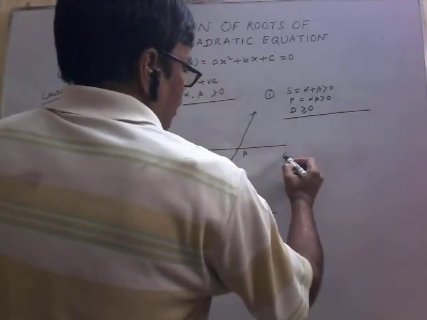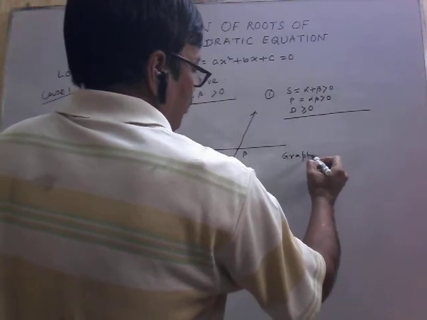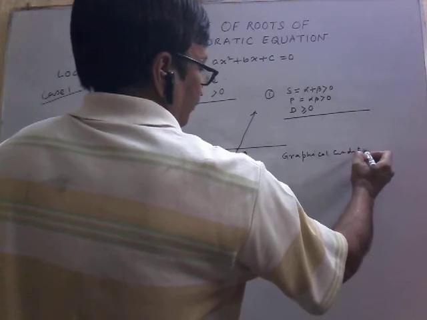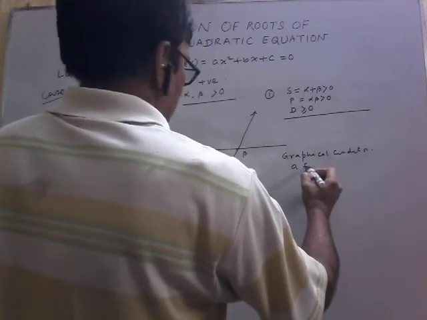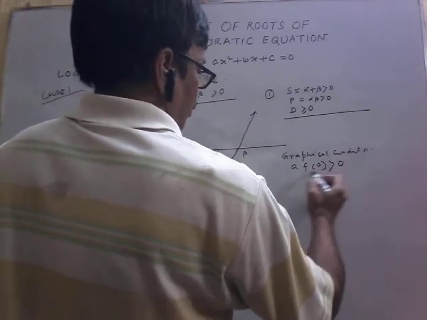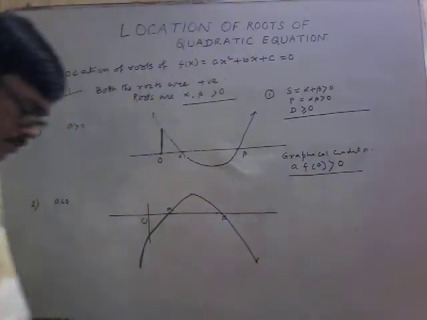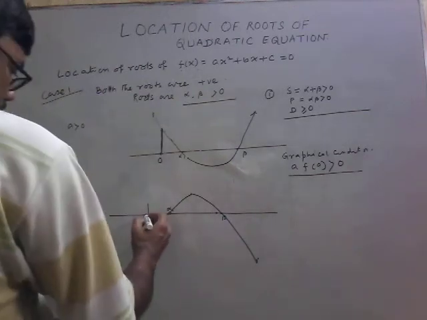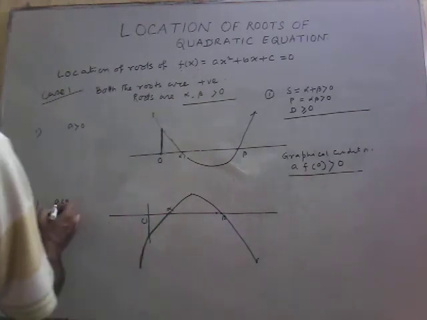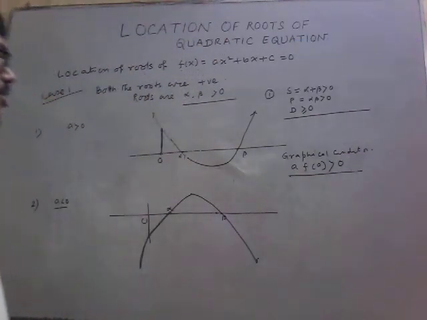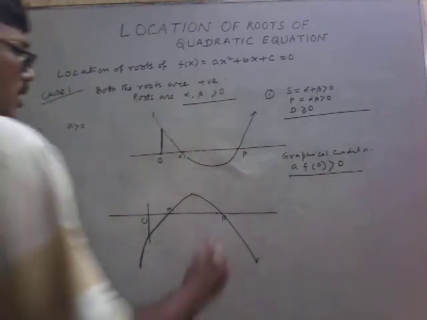So the graphical condition: a into f(0) greater than 0. For the second figure, a is negative, a less than 0. So a into f(0) greater than 0 for both cases.